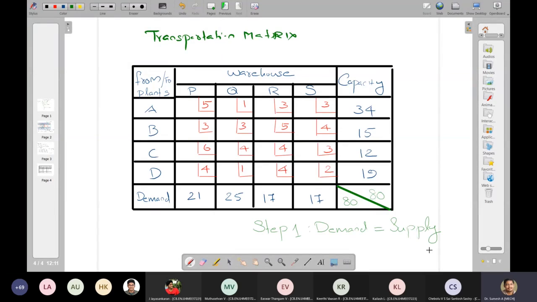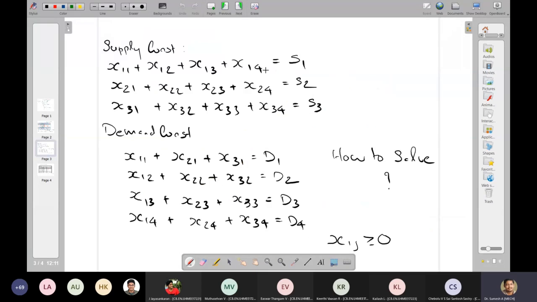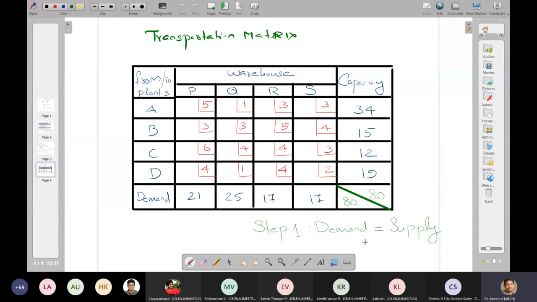You are making a constraint, and all the constraints are of equality, so you have to ensure the demand is equal to supply.